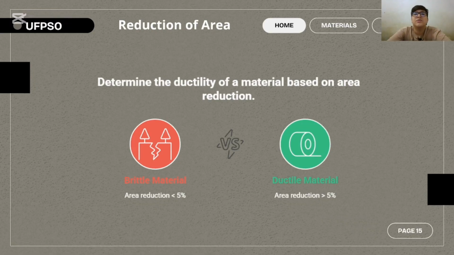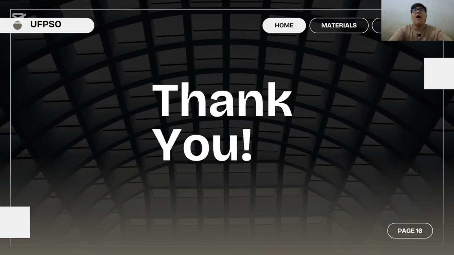If the reduction of area is less than 5%, the material is brittle, and if it is greater than 5%, it is ductile. This measures how much the material stretches before breaking. And with this we conclude the presentation of the mechanical properties of materials.